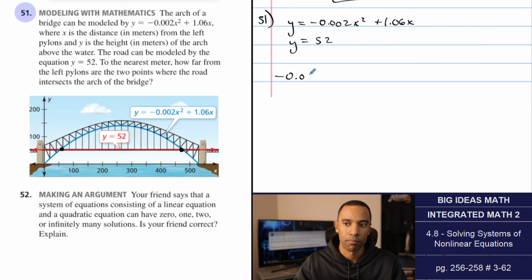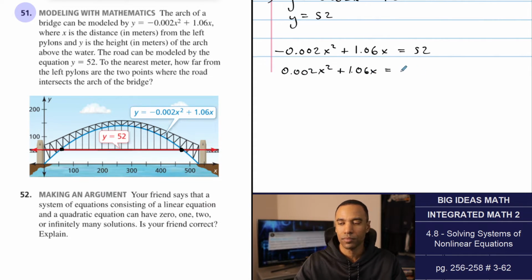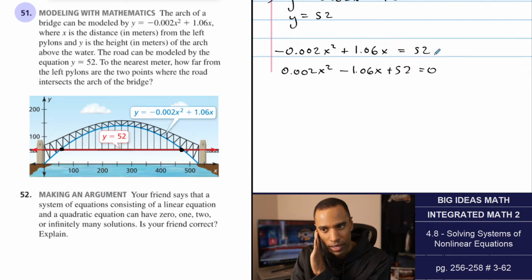I'm keen on using quadratic formula things. I'm going to move this over: minus 1.06x and then plus 52 equals 0. I'm also one of those people who likes whole numbers only.